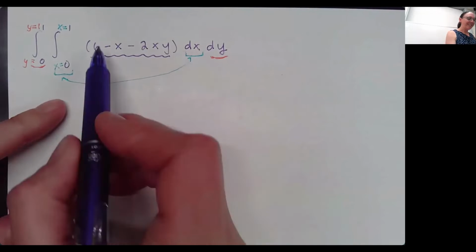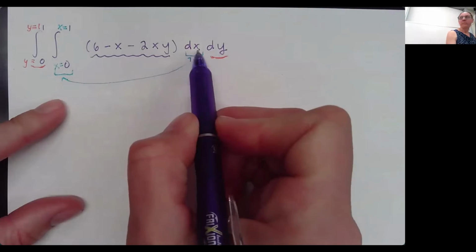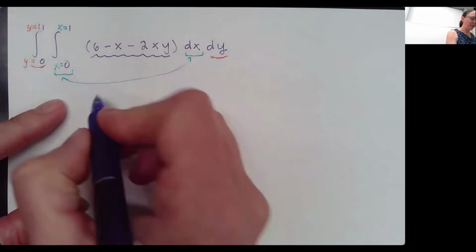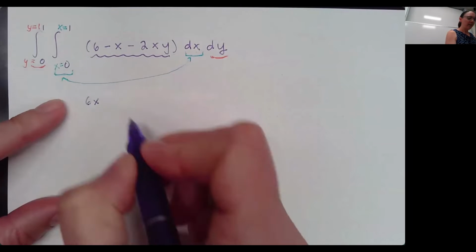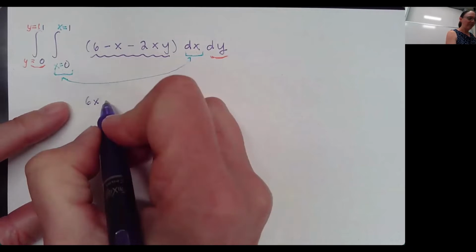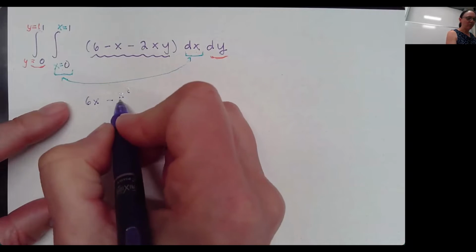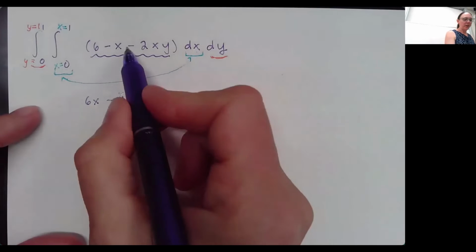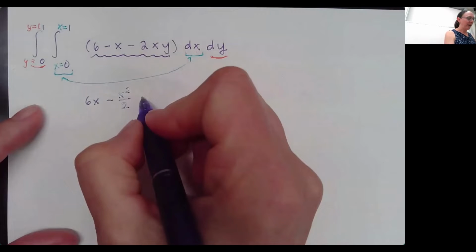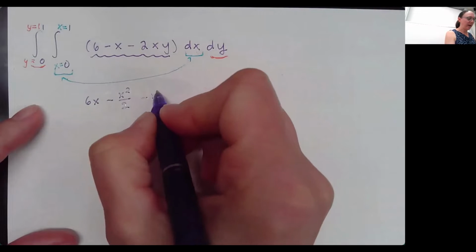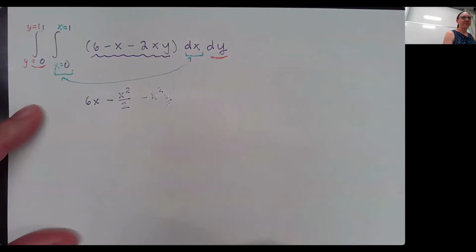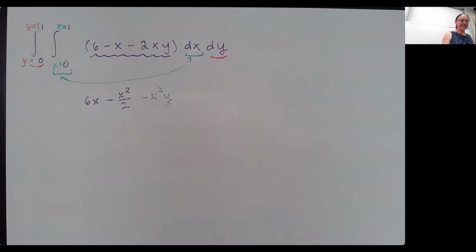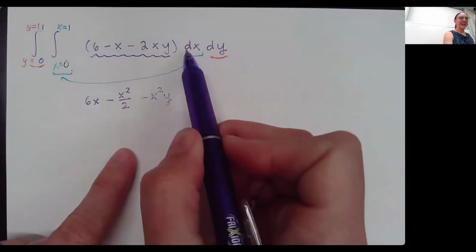So when I integrate 6, my variable that I'm working with is x, so that becomes 6x. When I integrate negative x, I'll get negative x squared over 2, or 1/2 x squared, depending on how you like it. When I integrate negative 2xy, I'm going to get a negative x squared y. So that's me finding the antiderivative with respect to x.